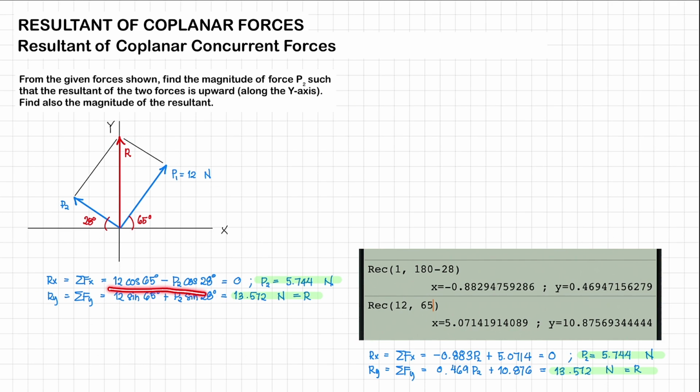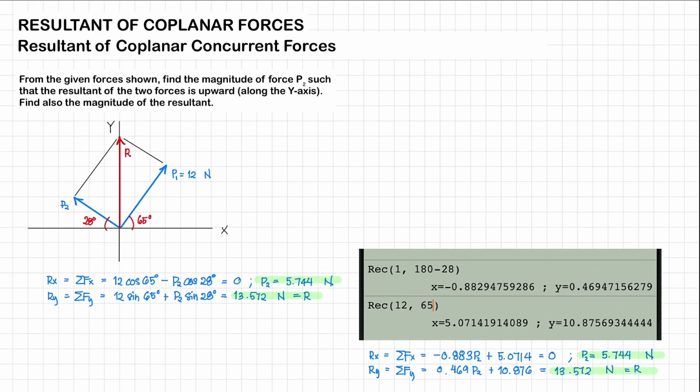So we have this equation. We have one unknown. So we'd be able to solve for P2, which is equal to 5.744 newtons. Alright, so we've already solved one of our unknowns. Next, let's do a summation of forces along the y-axis, or all the vertical forces.